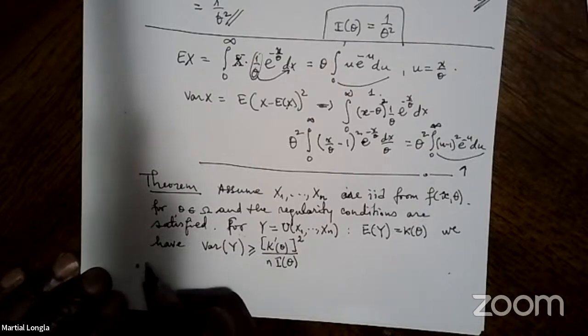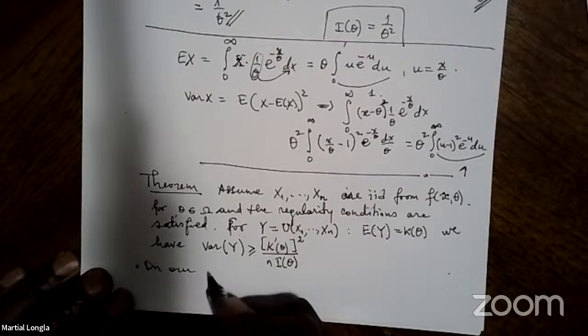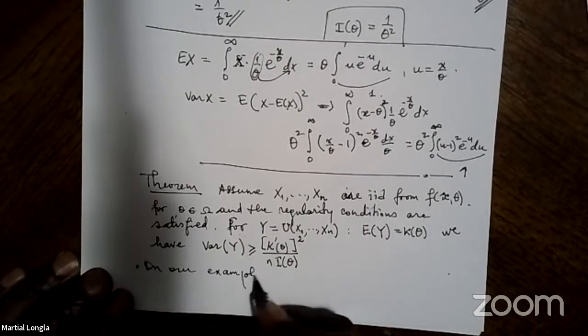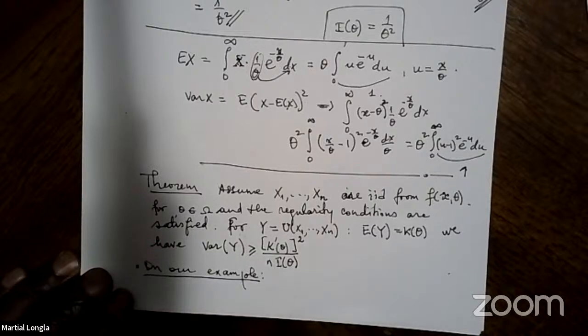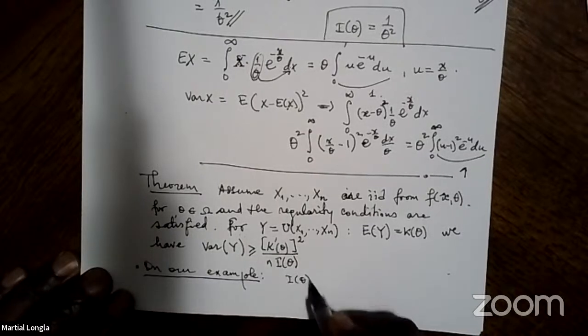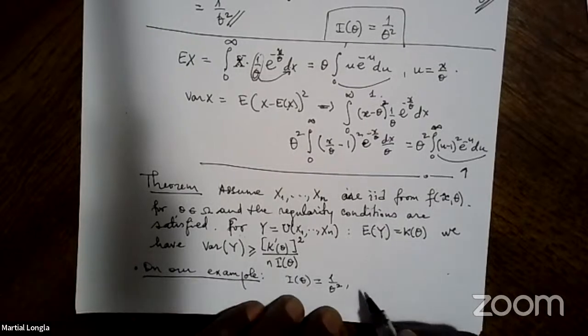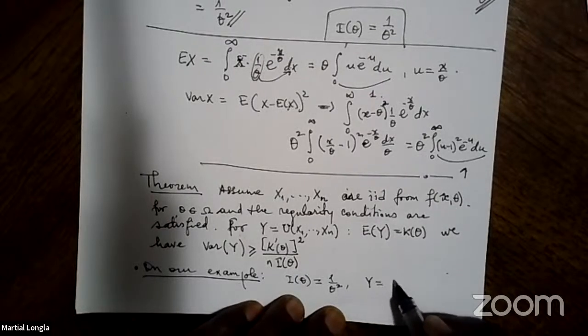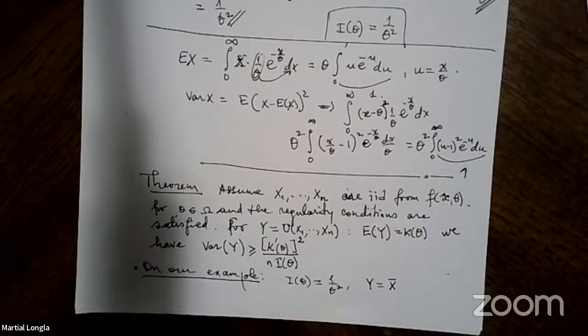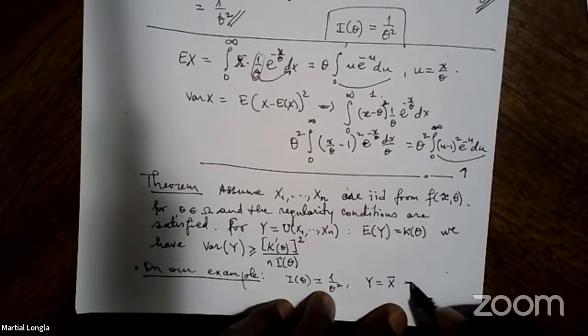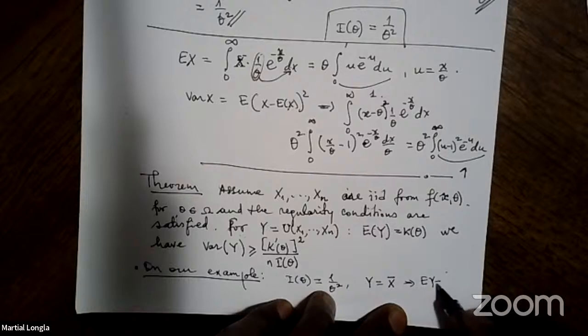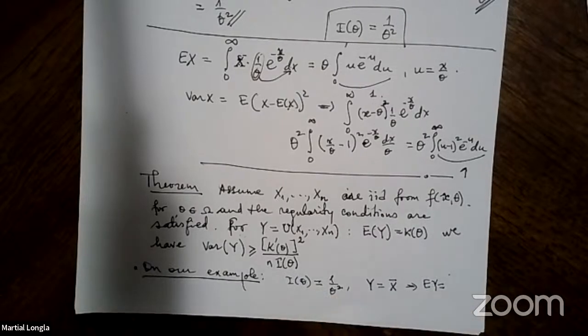So on our example, I of theta, what is it? 1 over theta squared. Take Y equals x bar. Is that a function of the xi's? Yes, right? What is the expected value of Y? What is the expected value of x bar for such a population?